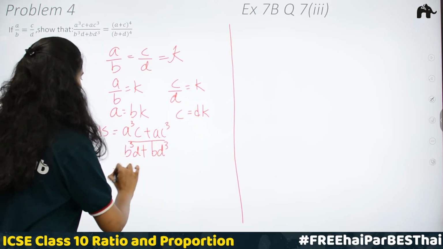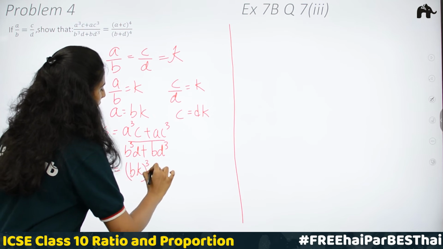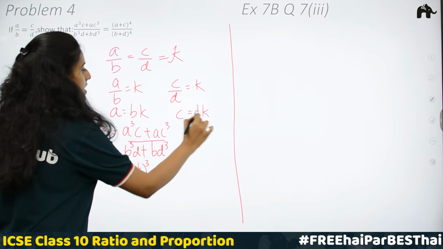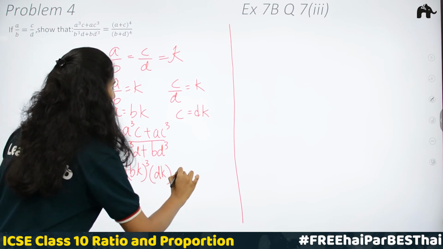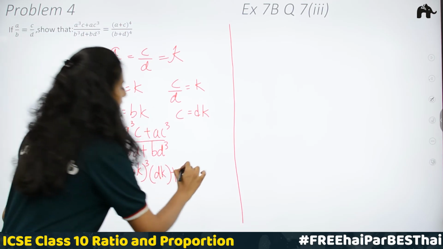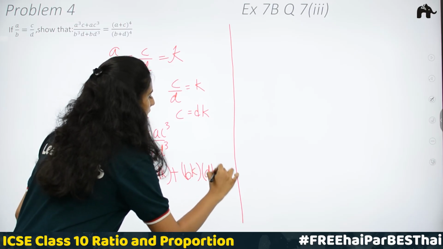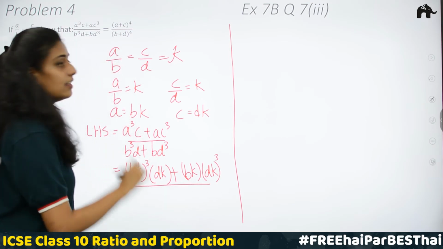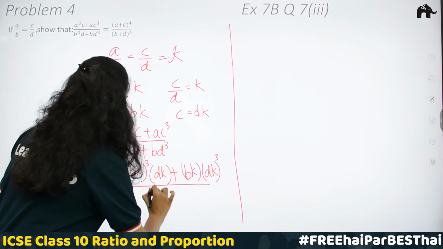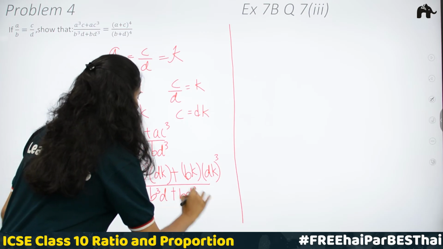This becomes (BK) whole cube into C, C is DK, DK, plus A into C cube, that is BK into (DK) whole cube, divided by the denominator, the same, that is B cube D plus BD cube.